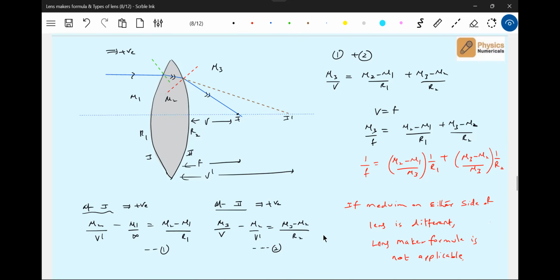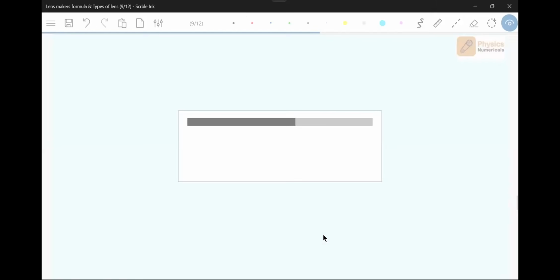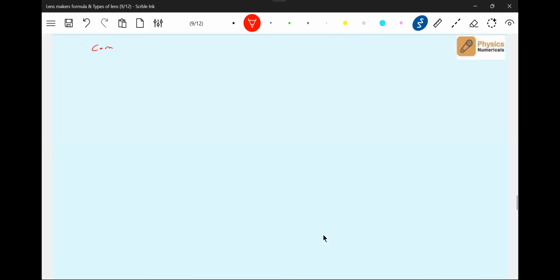Okay, these are the different types of lens what we have covered. We'll go for the combination of lenses, one more topic. Just a very simple formula is there.